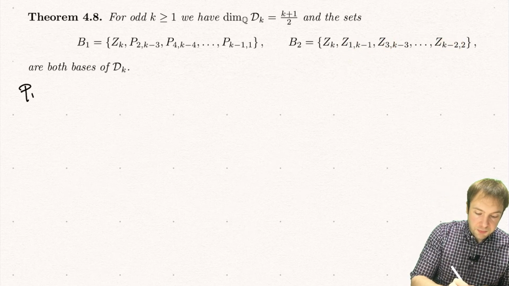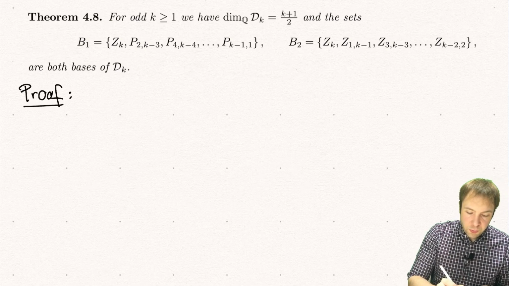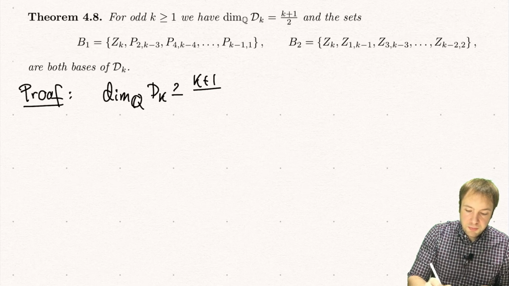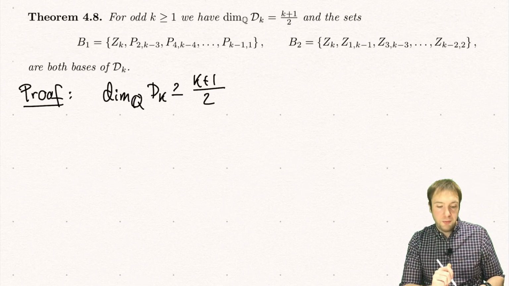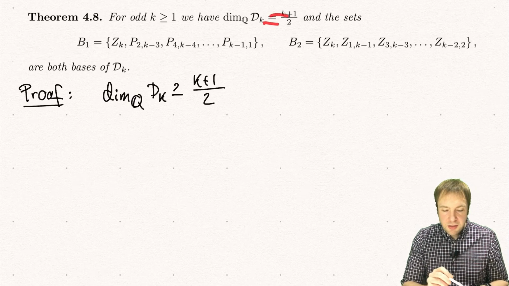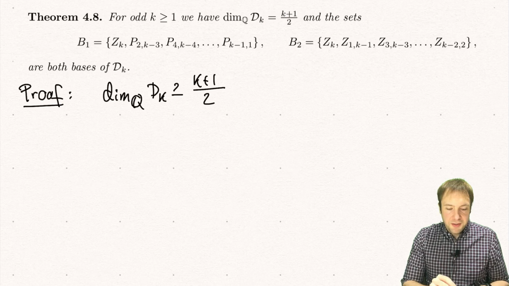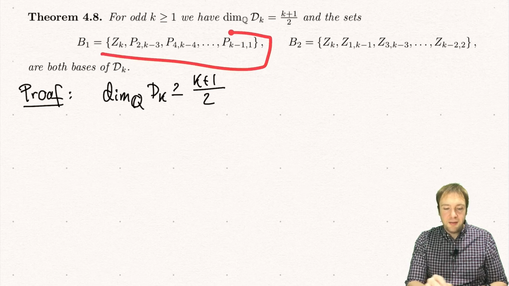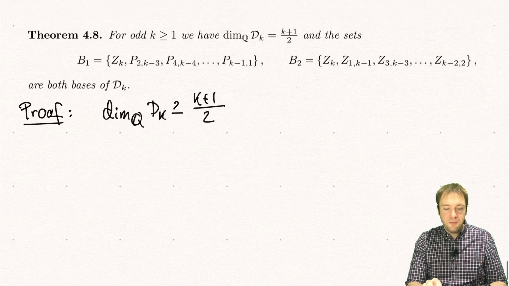And so the proof is, well, we already know that this dimension was bounded below by this (k plus 1) over 2. So to show the equality, we just need to show that we can express any element in terms of (k plus 1) over 2 elements, and this is exactly what we did in the parity theorem.